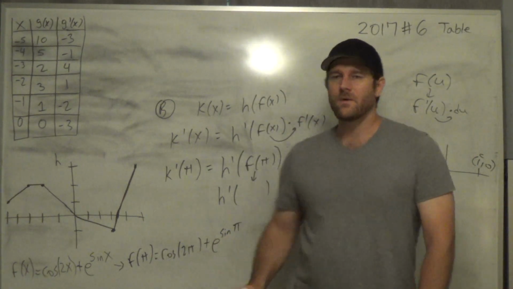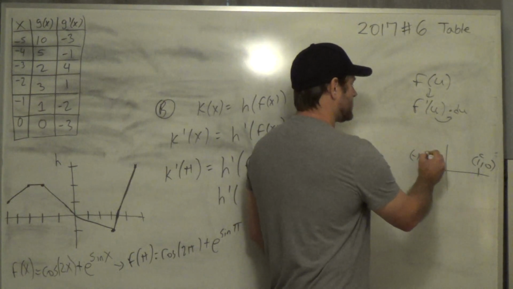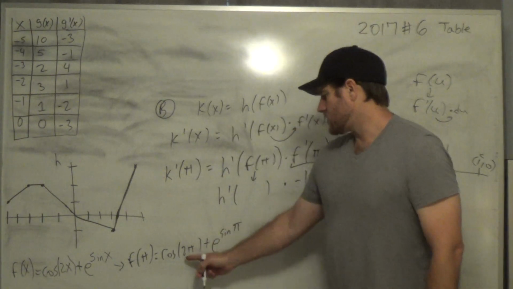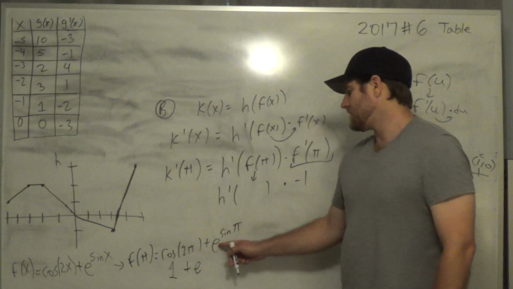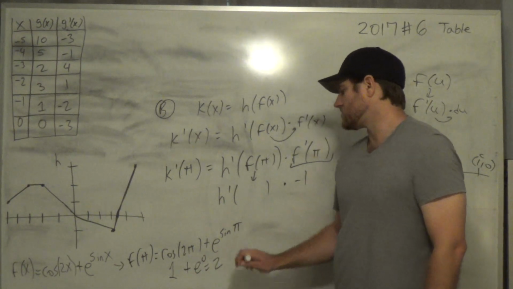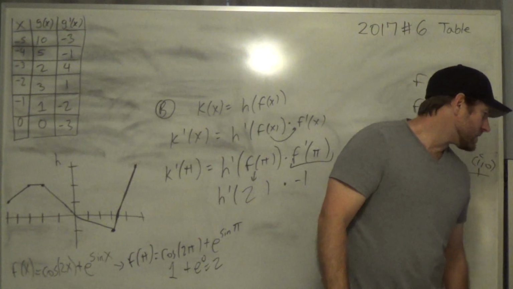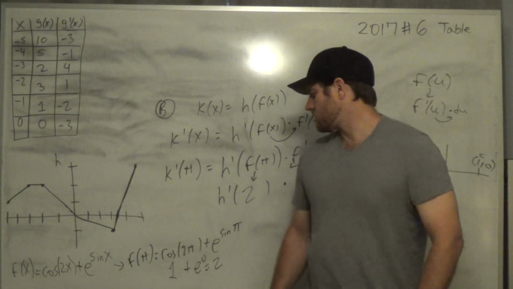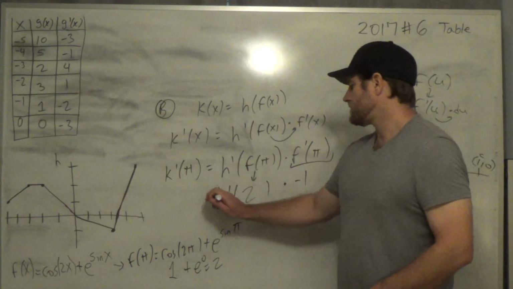And sine of pi we already said was 0. Over here, the sine is 0. All right, so this is 1. This is e to the sine pi, which is e to the 0. So we get 1 plus 1, which is 2. Let me make sure that's right. Yes, it's correct. Okay, so we're almost done with this question.